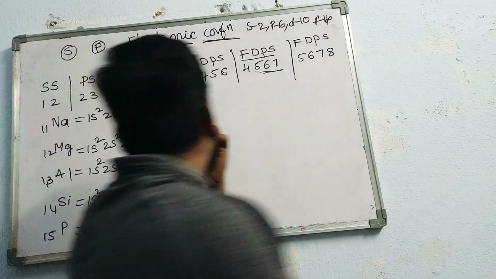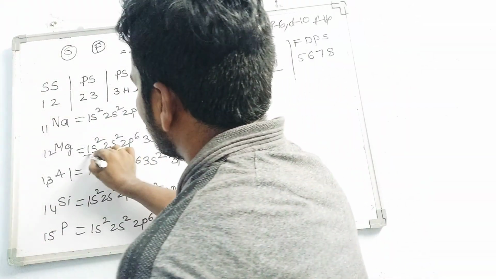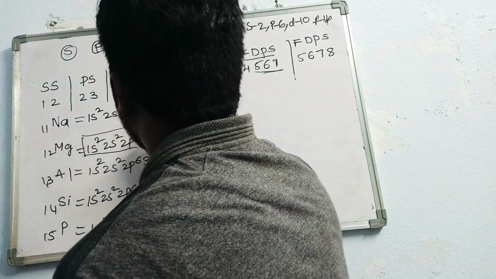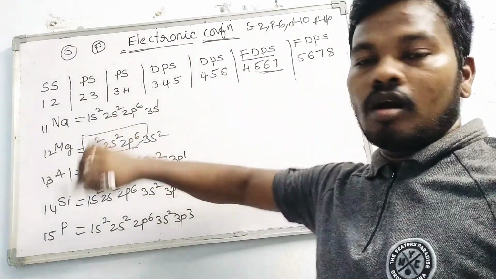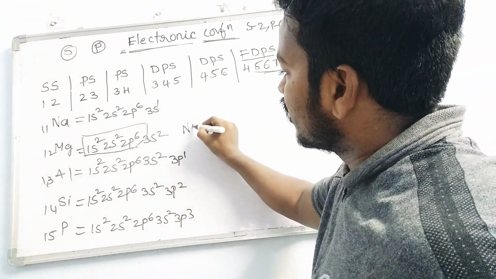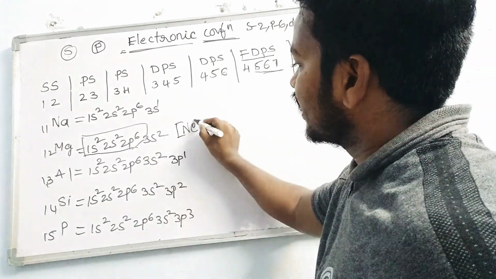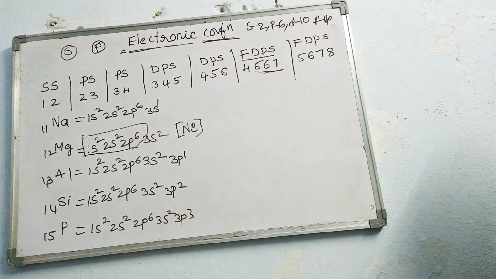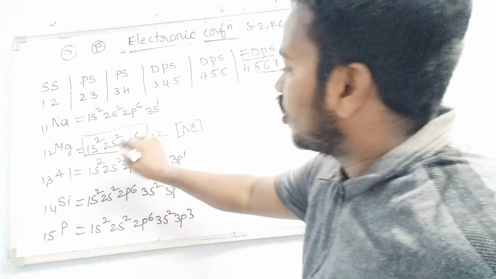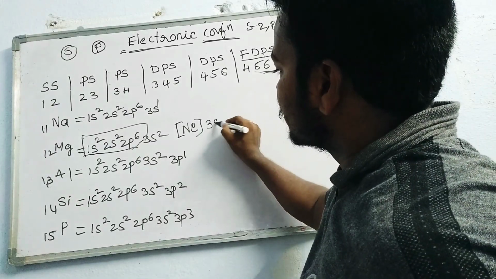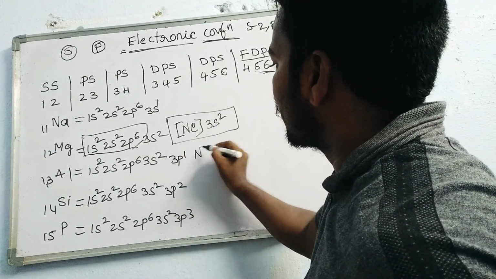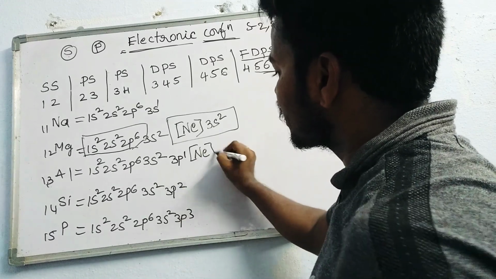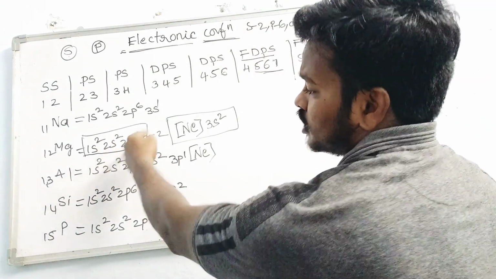See here, you can see 1s2, 2s2, 2p6. This is the electronic configuration of neon. So instead of writing all this, you can write neon in brackets, because it is replacing the electronic configuration of neon. So you can write neon 3s2. This is called the condensed form of the electronic configuration. Neon is nothing but 1s2, 2s2, 2p6.